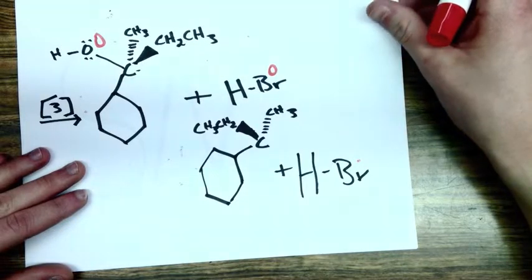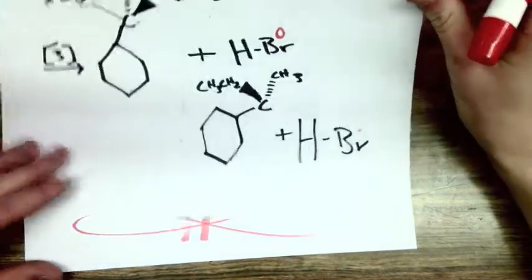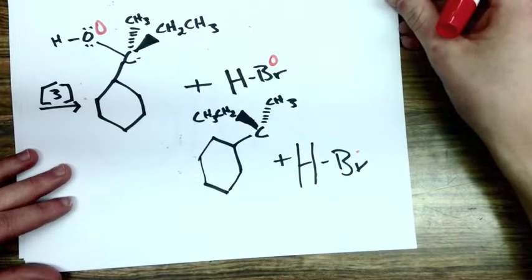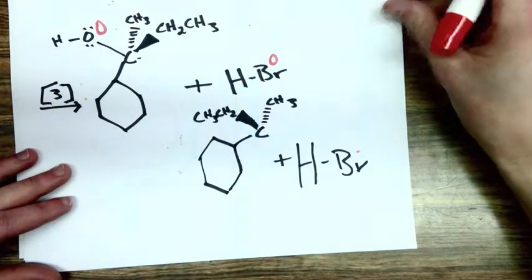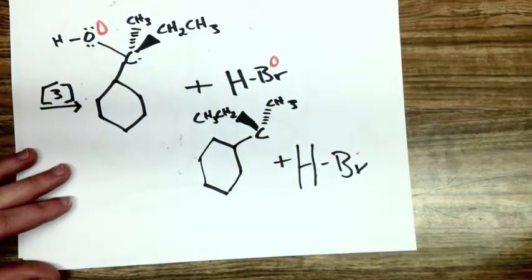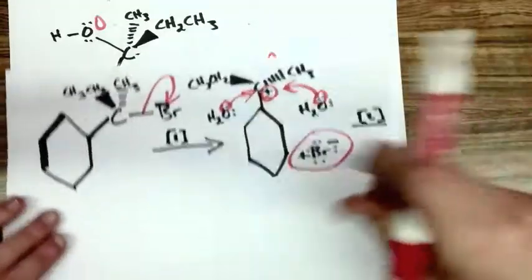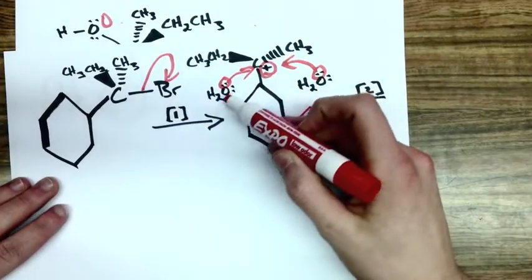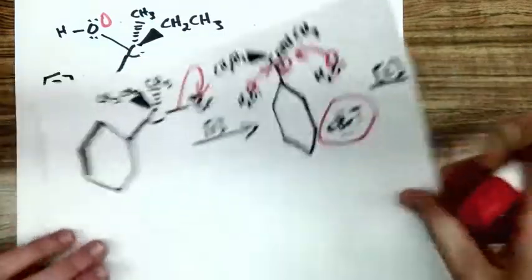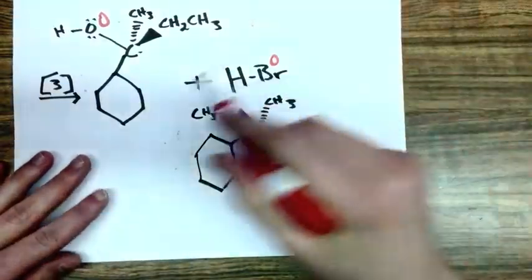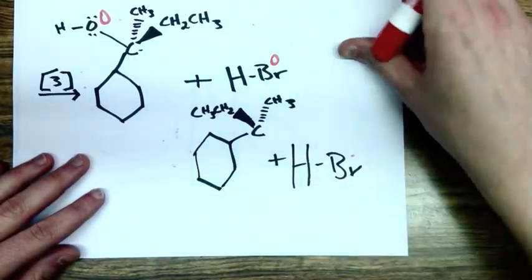I think they're diastereomers, but they're still considered two different products because one has attacked from one end while the other has attacked from the other. Like when we added this water coming in from both sides of the carbocation, we end up with these two products here.